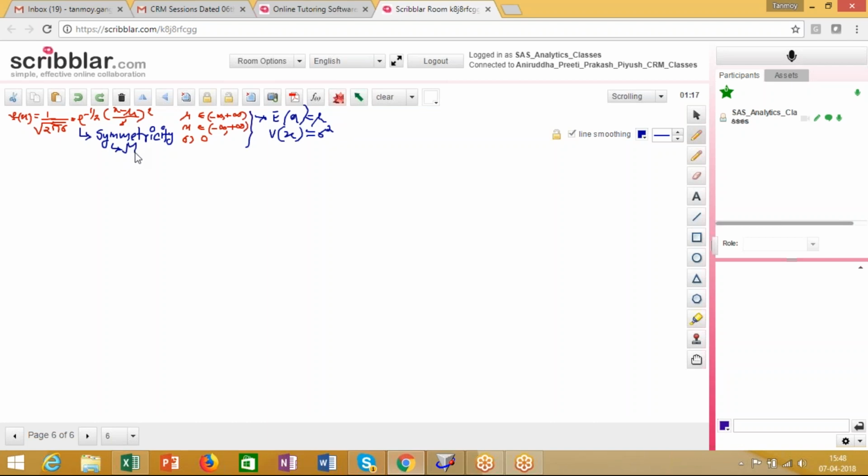So basically, for a normal distribution, the mean is equal to the median, that is equal to the mode.